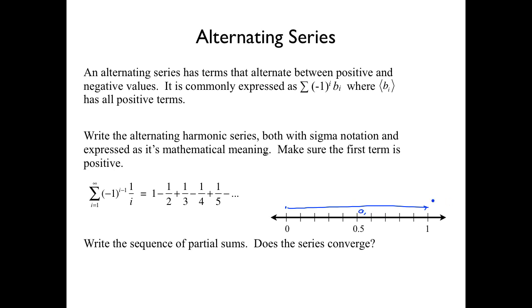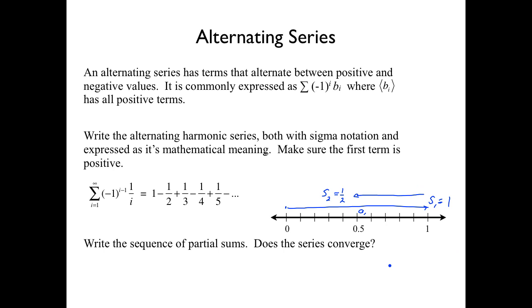And S1, the first term of the sequence of partial sums, is 1. Then what's A2? Negative 1/2. So from there, I'm going to go back negative 1/2. Here's A2. A2 is negative 1/2. So what's S2? Positive 1/2, right? It's 1 minus 1/2.